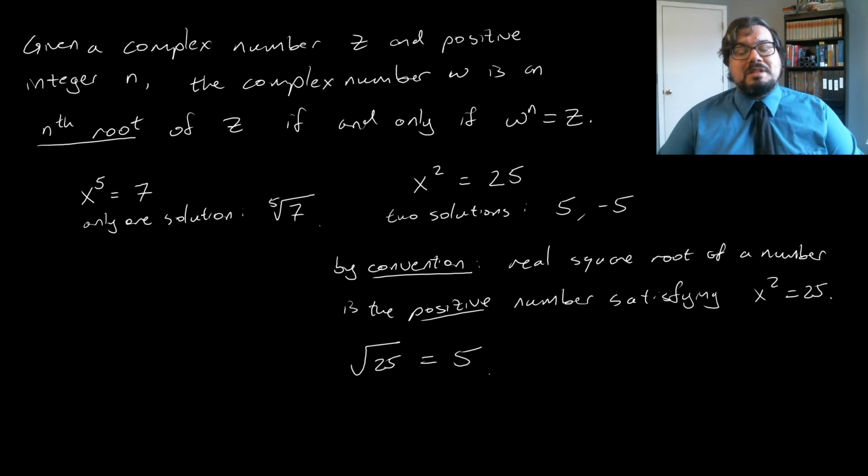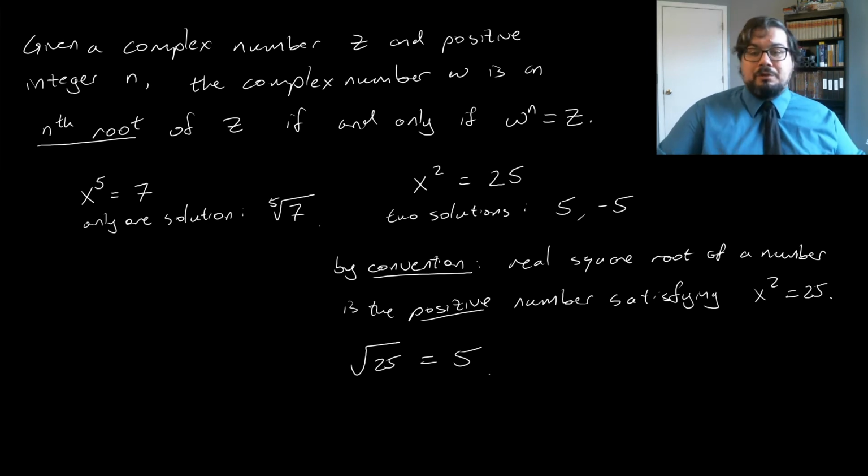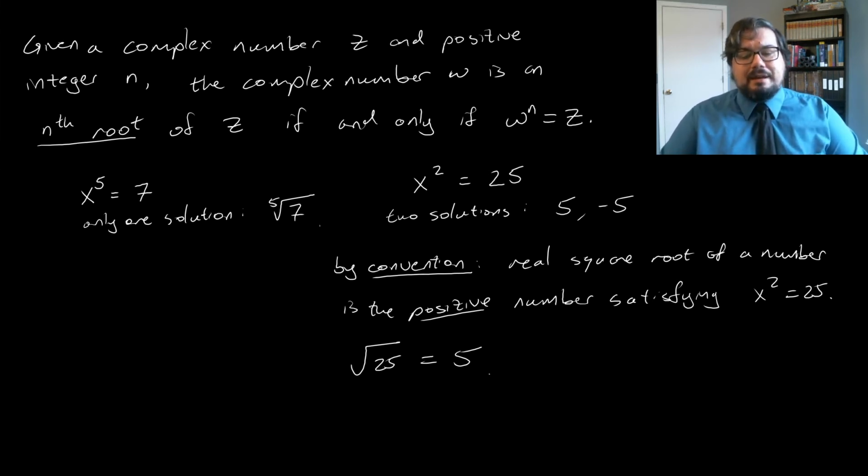However, using the terminology for complex roots, we can say that 5 and negative 5 are second roots of 25. Now, because we've got this difference here, we're not going to actually use the square root notation when we talk about roots of complex numbers.